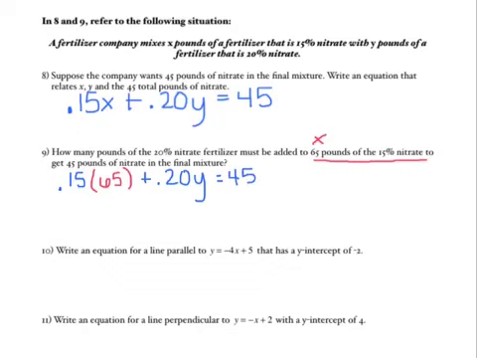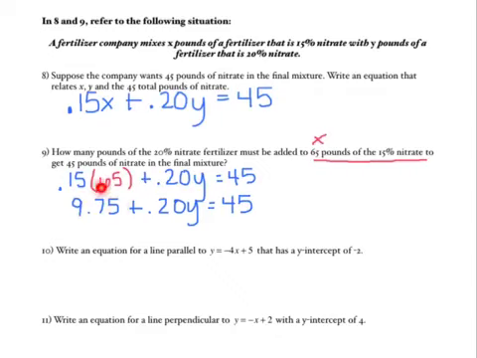I'm going to calculate that. So 0.15 times 65 is 9.75, plus 0.20Y equals 45.